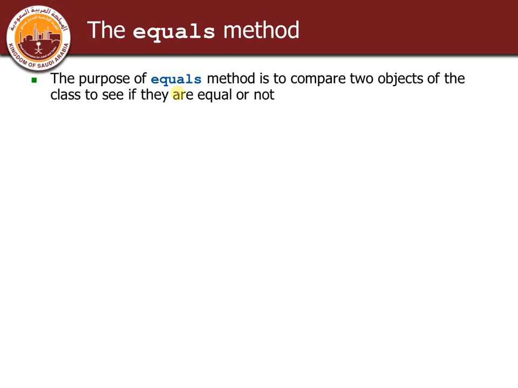Or I might say, no, I want the same ID and the same name and the same GPA. Or maybe I, the class designer, will decide that I just need to check if the ID of the first one is equal to the ID of the second one. Then I'm going to say, well, these 2 objects are equal, even if the names are different, whatever, or the GPA is different.